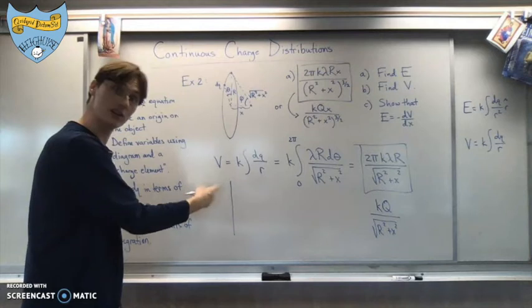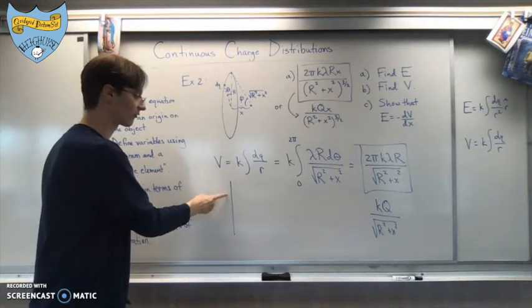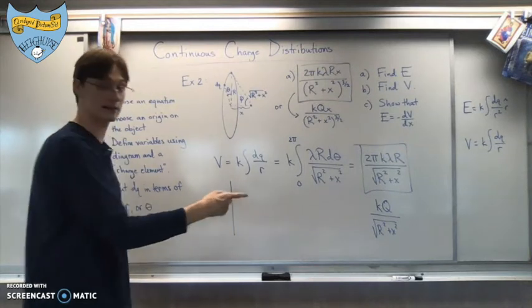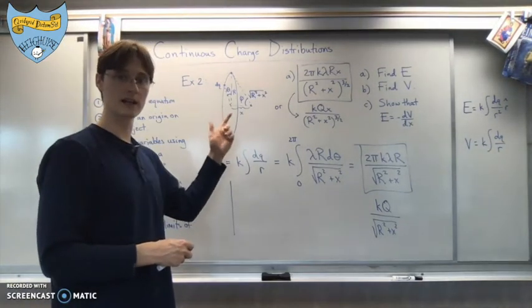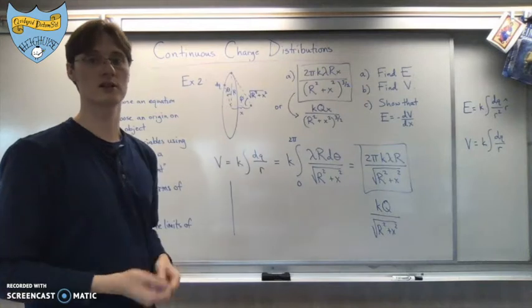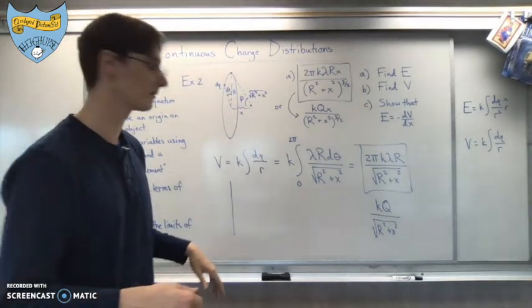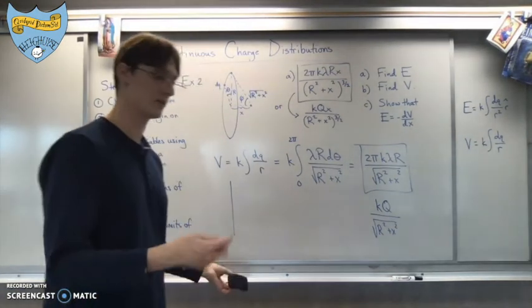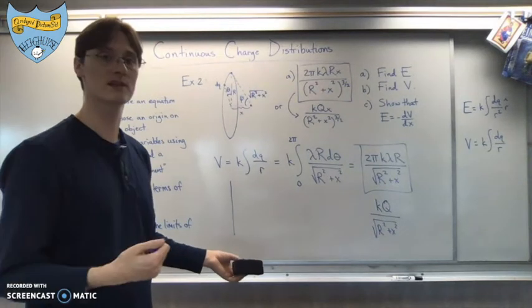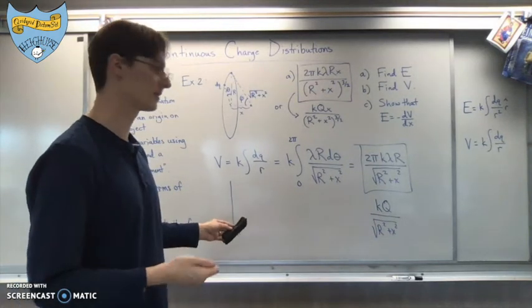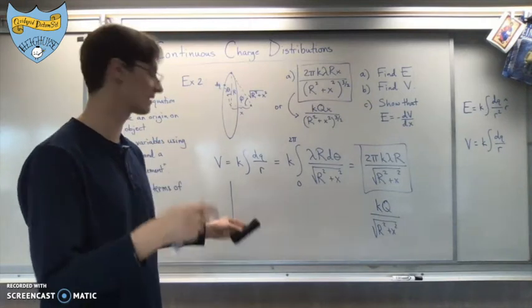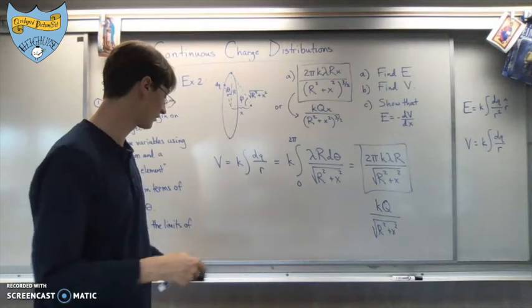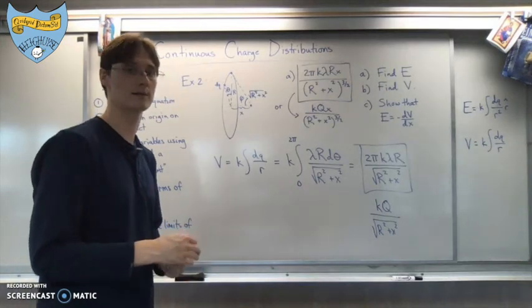And this actually does get complicated because different points on this are different distances away from that one. But as long as you have a ring or a circular curve or whatever, semicircle, where you want to find the potential at the focus, that's super straightforward because it's just KQ over R, where R is the distance that all points on the object are away from that point.